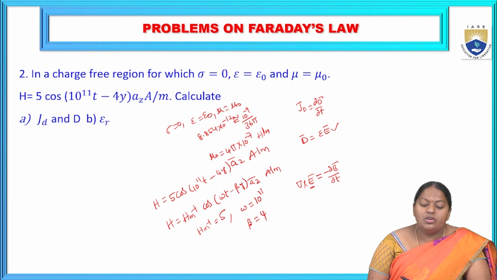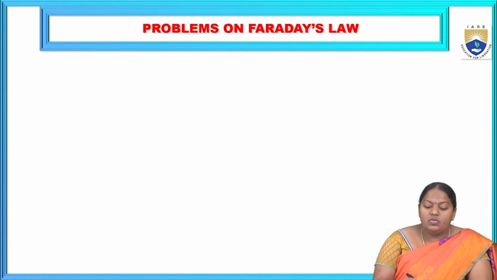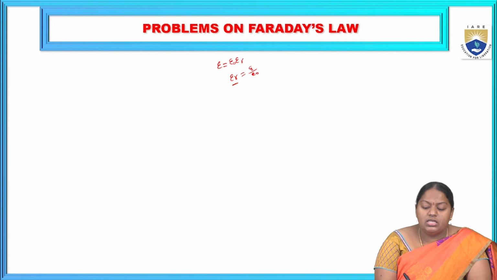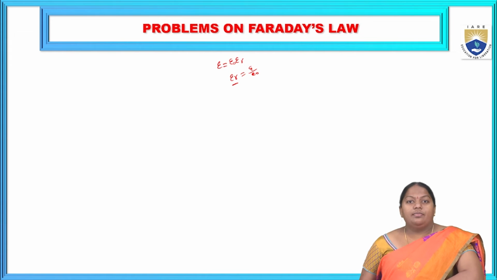Along with that, we also need to find ε_r. In general, ε = ε₀ε_r, so ε_r = ε/ε₀, where ε_r is the relative permittivity, ε is the permittivity of the material, and ε₀ is the permittivity of free space.